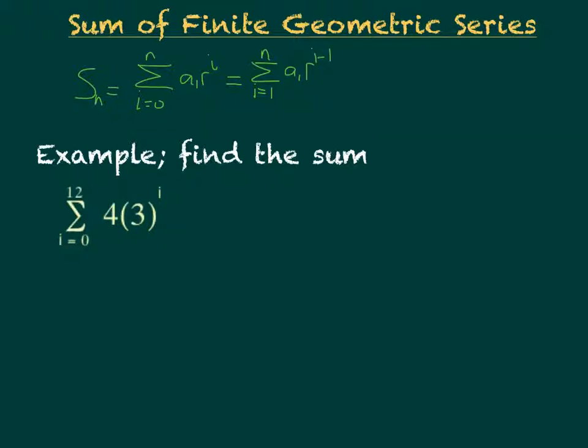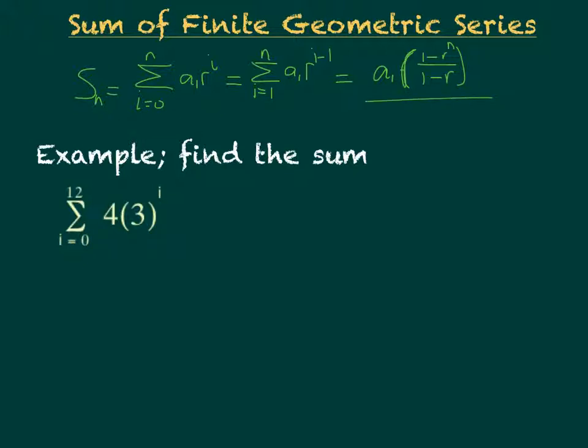Those are the same things. Or we can simplify it and generalize it to a sub 1 times 1 minus r to the n power divided by 1 minus r.